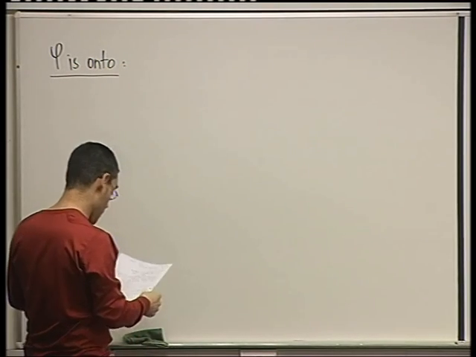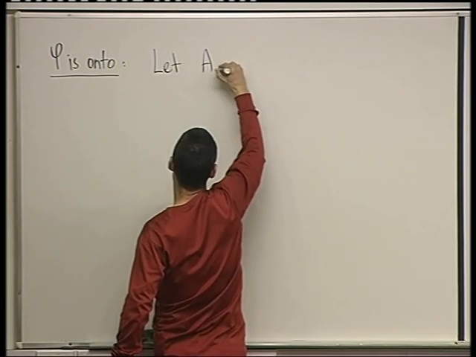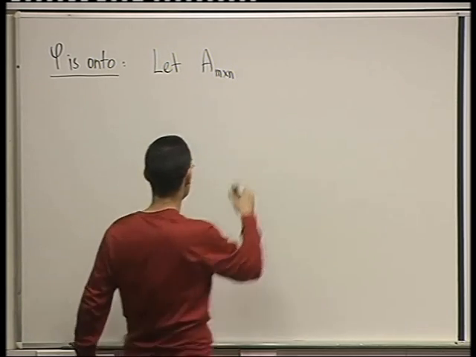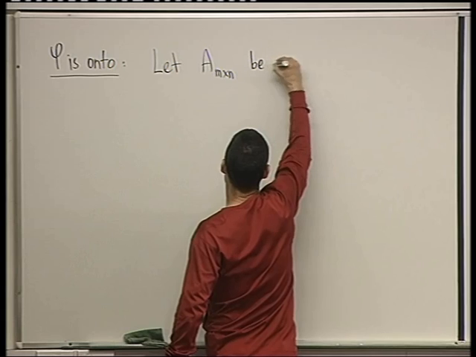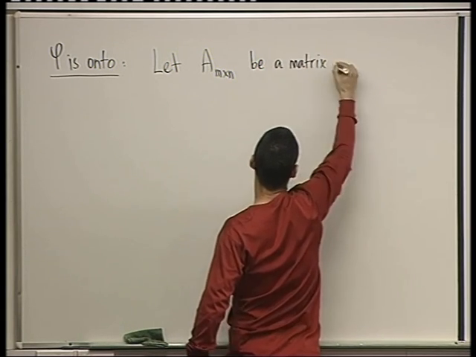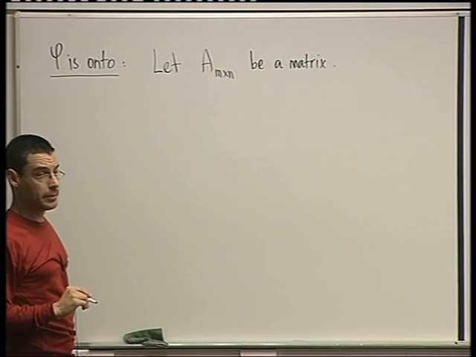So what do we need to show? So let A, m by n, be a matrix. We need to show that it's phi of some map, right?